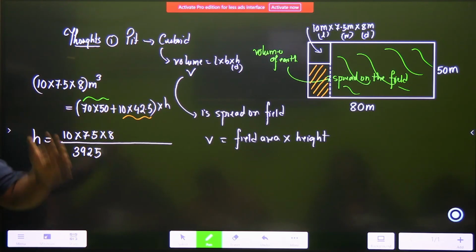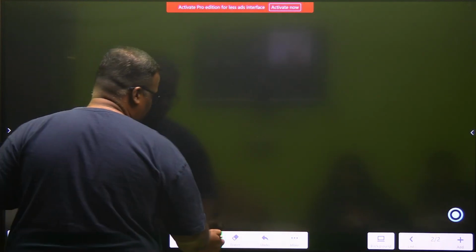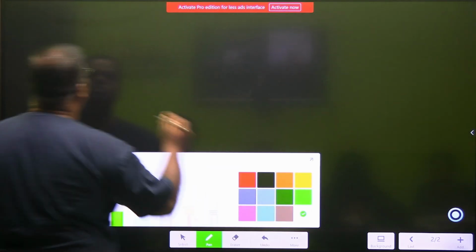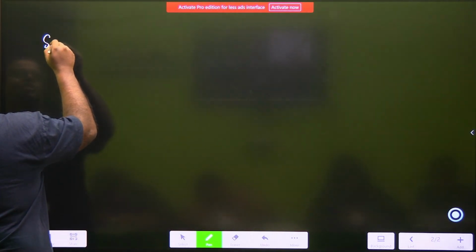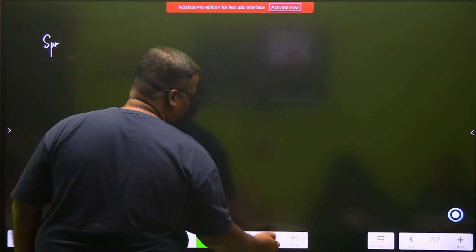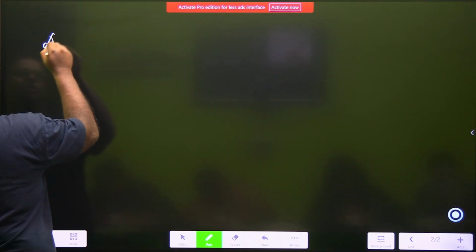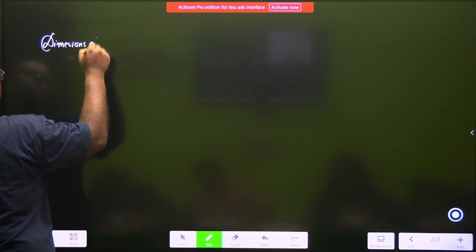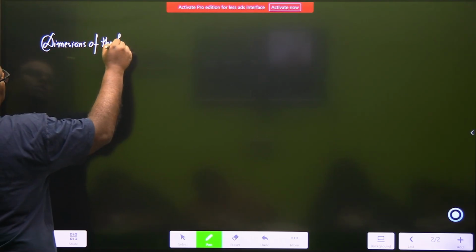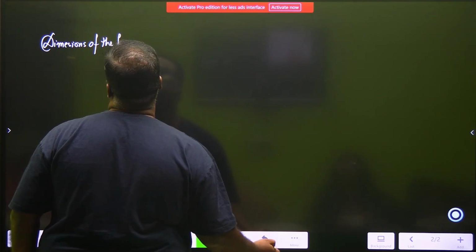Did we understand this? So how do we write it in the form of statements? We write specs, or you can write dimensions. Okay, get to know how to write the mathematical English part of mathematics. Dimensions of the field. Or if you want to make it shorter, we can do it like that.